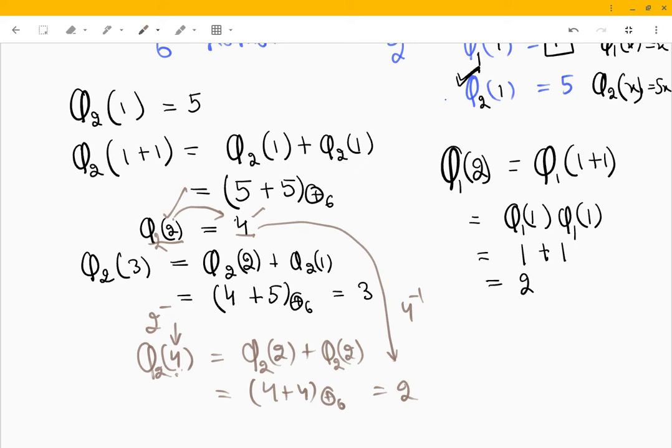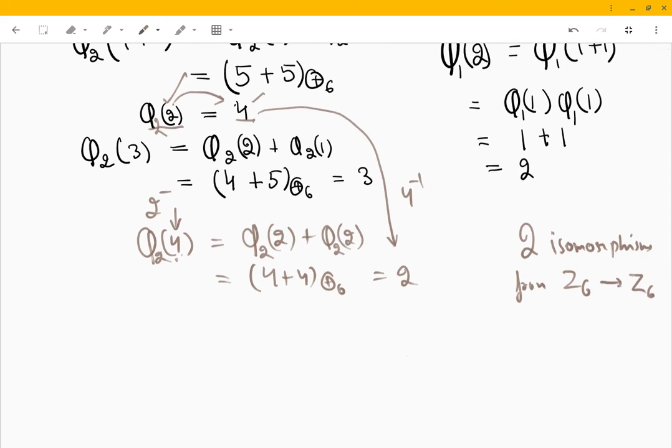So what we figured out is that there are two isomorphisms from Z6 to Z6. What does this mean now?